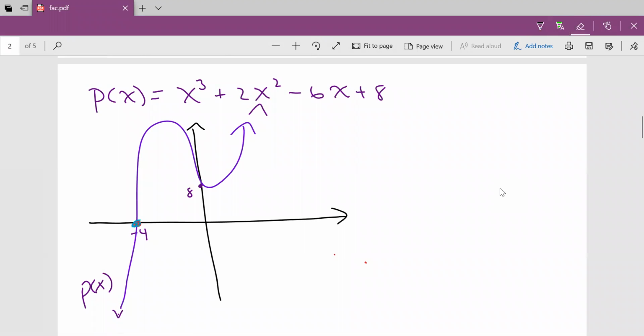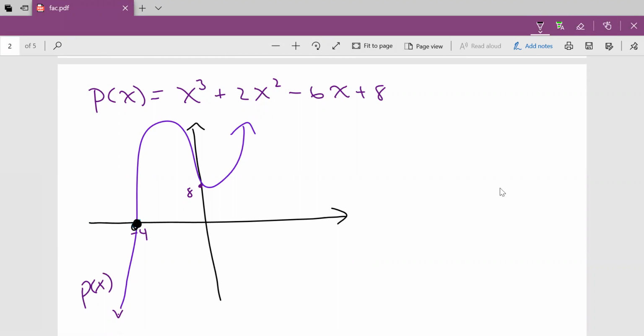Let's take a look at this polynomial here. P(x) is equal to x cubed plus 2x squared minus 6x plus 8. When we're trying to graph these without a calculator, one of the key elements is finding the coordinates of the x-intercepts.